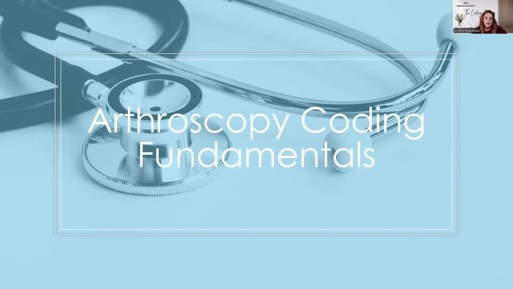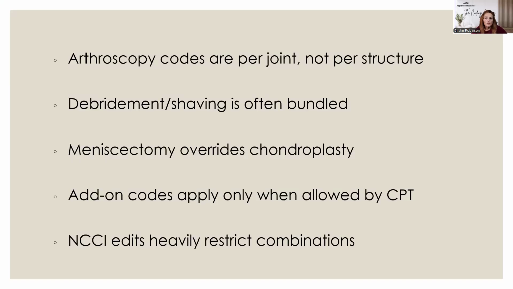Arthroscopy coding fundamentals. Arthroscopy coding is one of the most audited areas. Coders must know which services are included and which are separately reportable. Arthroscopy codes are per joint, not per structure. Debridement or shaving is often bundled. Meniscectomy overrides chondroplasty.